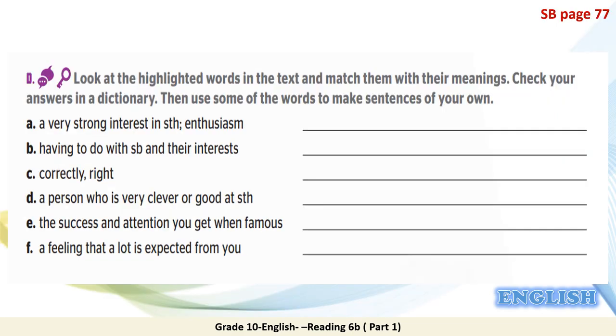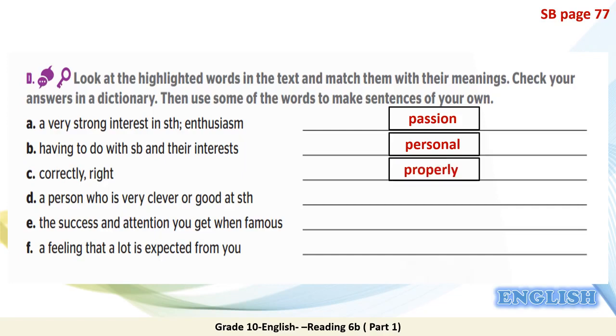So let's fill in the gaps. As you can see here, a very strong interest in something. Enthusiasm means passion. Well done, everyone. B, having to do with somebody and their interest means yes, personal. C, correctly or right means yes, properly.